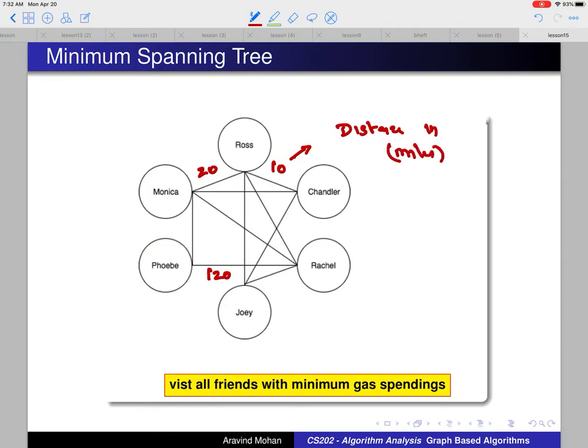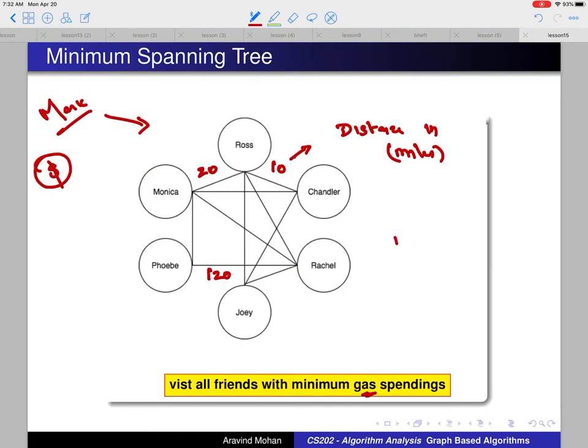So the goal here is, let us say someone, Mark, would want to visit all his friends, and he wants to minimize his spending on gas. So basically he's driving to meet all his friends, but he wants to take the path that minimizes the gas spending.